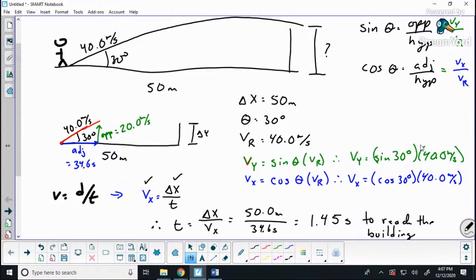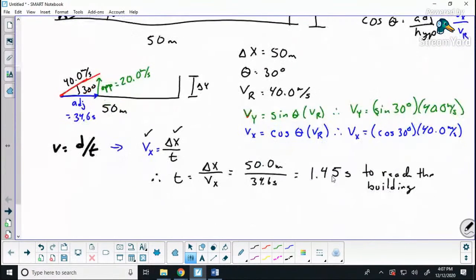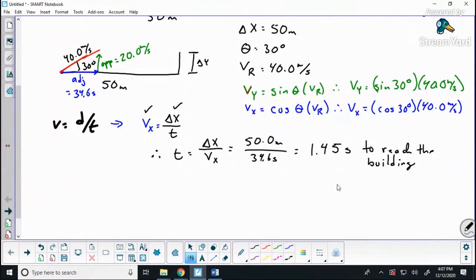So again, why is that important? Well, as I said at the opening of this video, the time in the x-axis is going to be equal to the time in the y-axis and vice versa. So if I now know that that stream of water takes 1.45 seconds to reach the building, that's also the same amount of time that it has to travel in the y-axis.